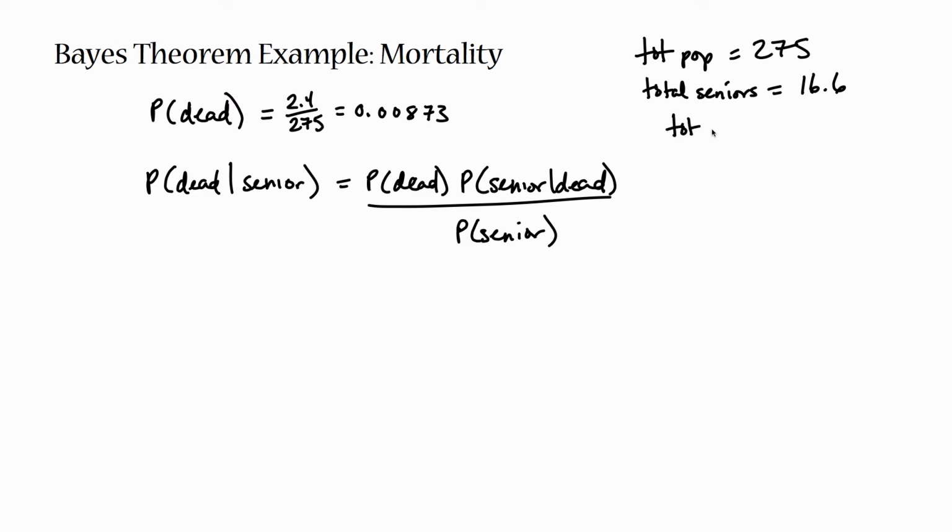The total number of people who died was 2.4 million. And the number of dead seniors was 1.36 million.